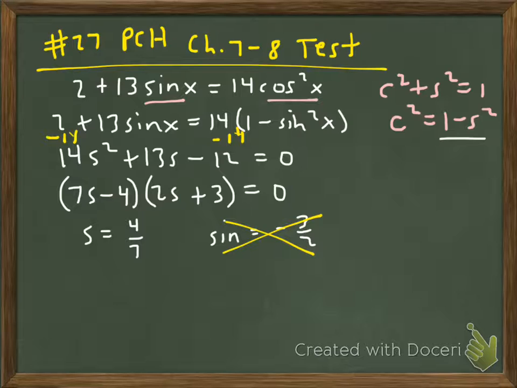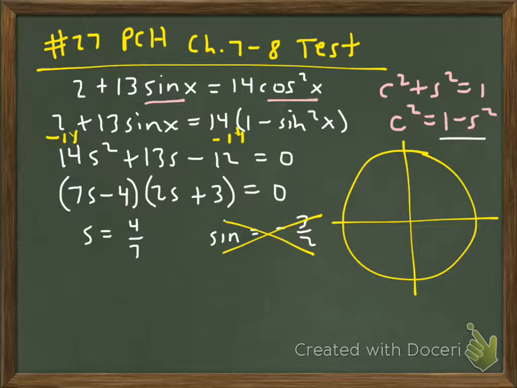So what are we trying to find here? Using a graphing utility to get the degrees. Okay. So if the sine is 4 over 7, let's draw a right triangle. The sine is the opposite over the hypotenuse, so the 4 would be there, and the 7 would be there. So the sine is 4/7 in the first quadrant, and the sine is also 4/7 here in the second quadrant.